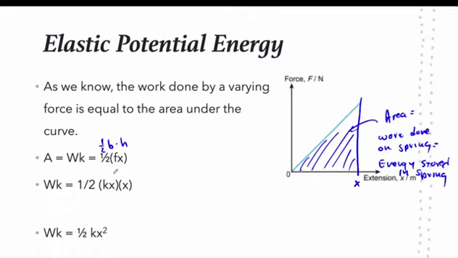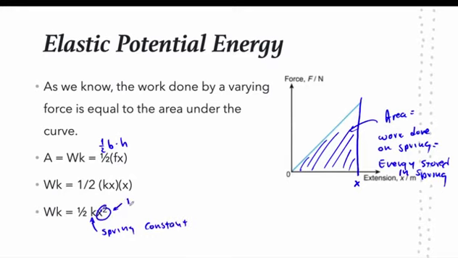So that means that the work done is going to be equal to 1/2 kx squared, where k is known as the spring constant again, and x is the displacement from equilibrium.